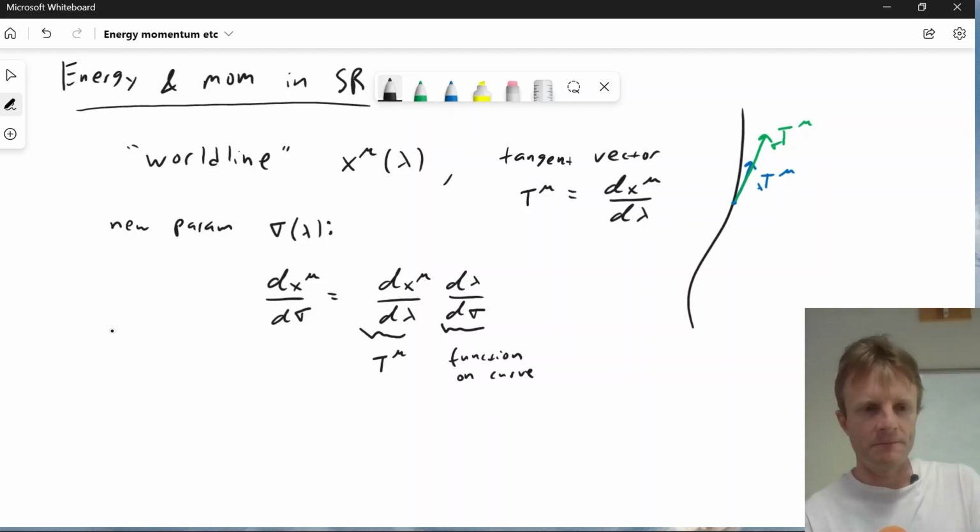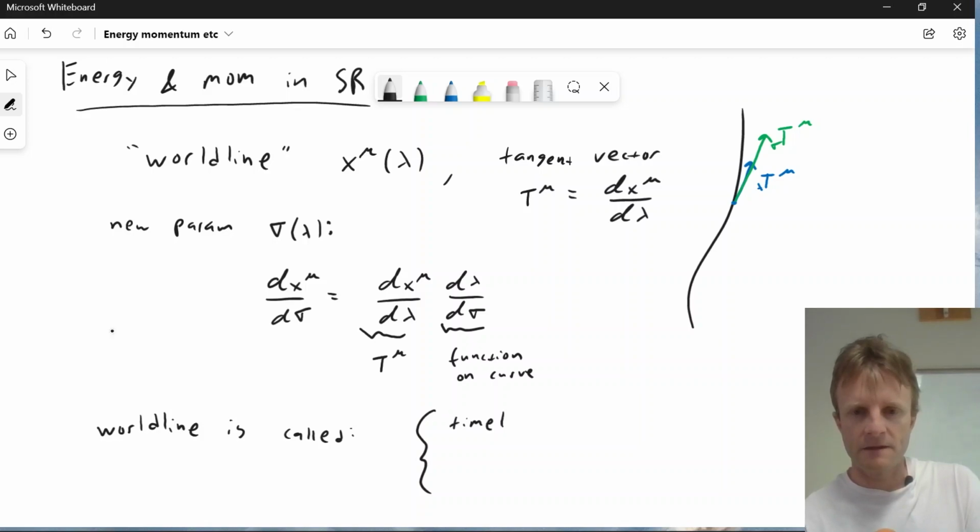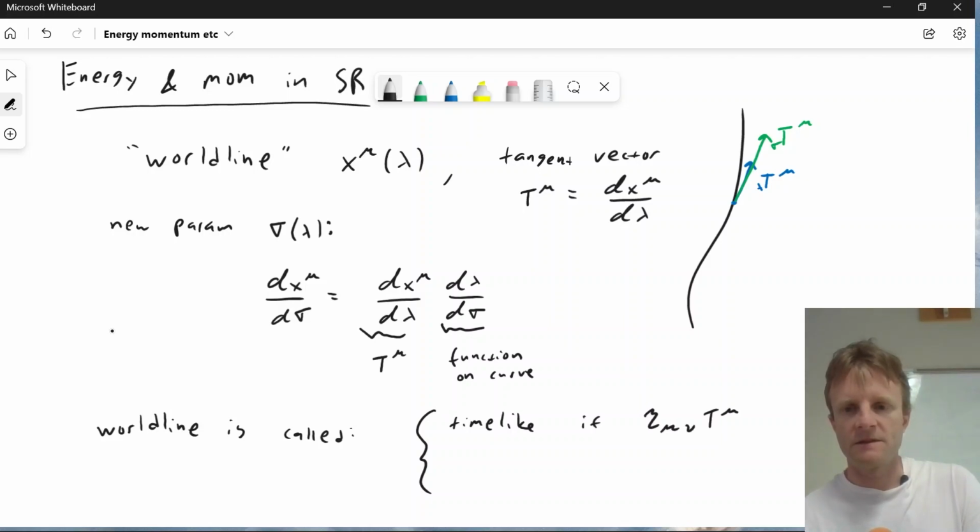So first of all, a world line definition is called, and there's three cases. So it's called time-like if now we have a metric, eta mu nu, t mu t nu is negative, just the natural generalization of the space-time interval.